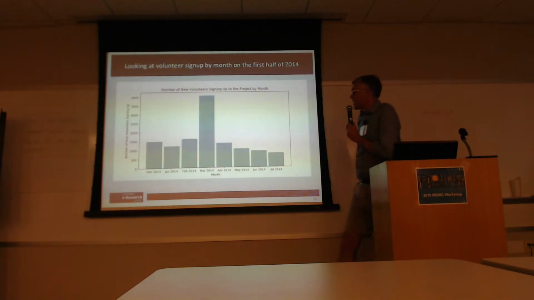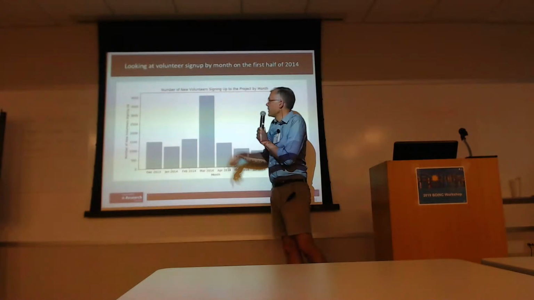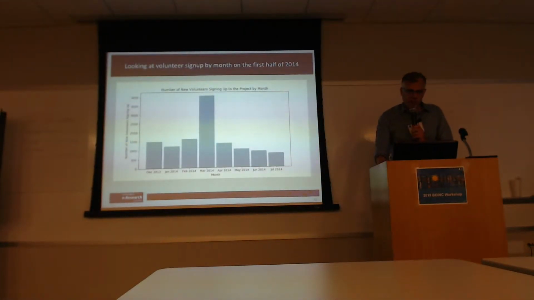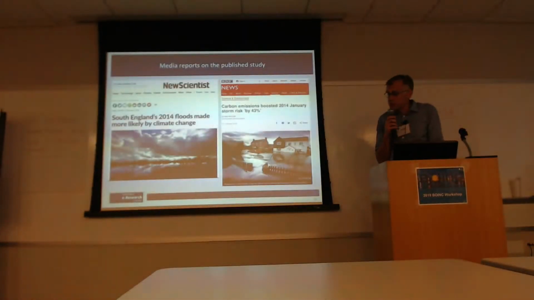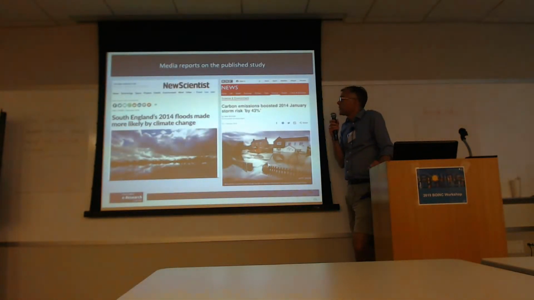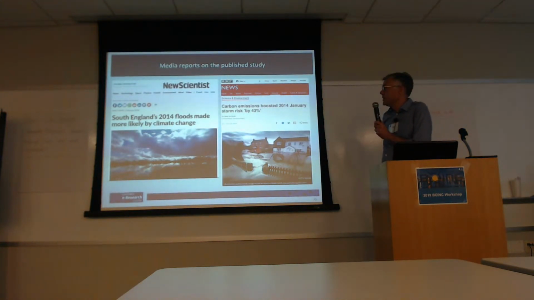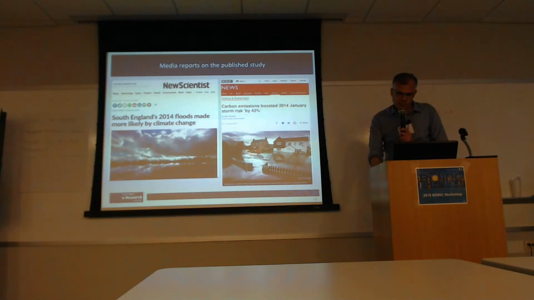So you can see that we had a peak of new volunteers signing up. So it does represent effectiveness. These were other media reports, actually based on the published results rather than the actual study.